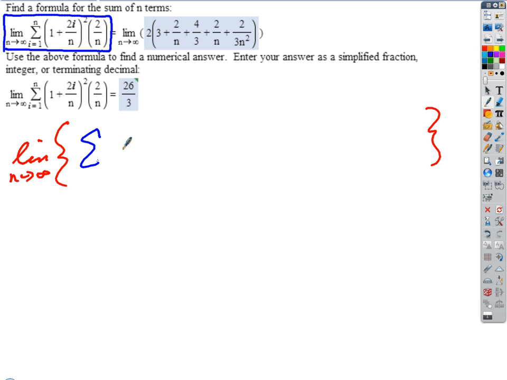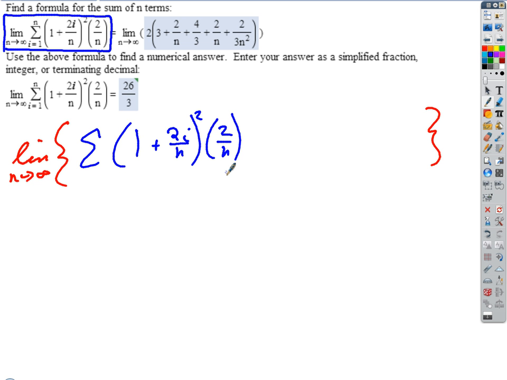The sum of (1 plus 2i over n) quantity squared times 2 over n.